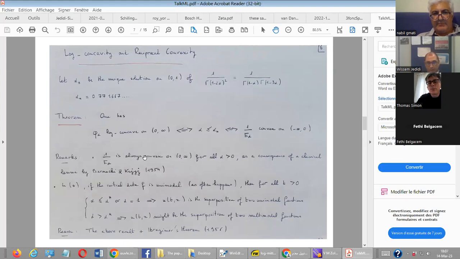And do you have complete monotony properties for 1 over alpha? Yeah, of course, this general result by Clark and Ismail is a complete monotonicity property. And I know you are very fond of the book by Schilling, Song, and Vondraček. And I think you are also fond of Hirsch's class, the so-called Hirsch class with log-convex potentials.